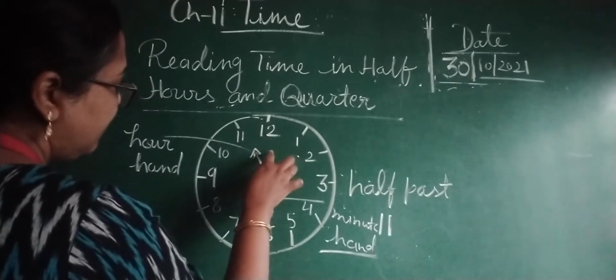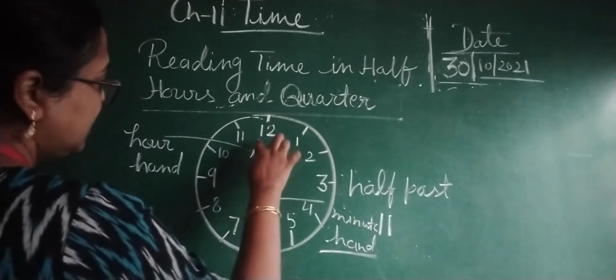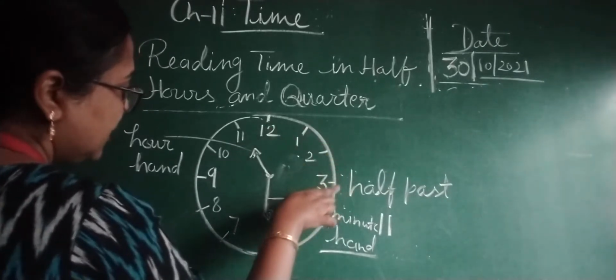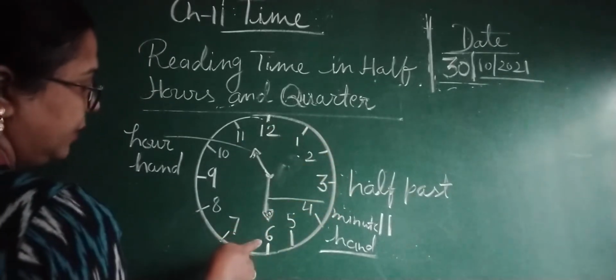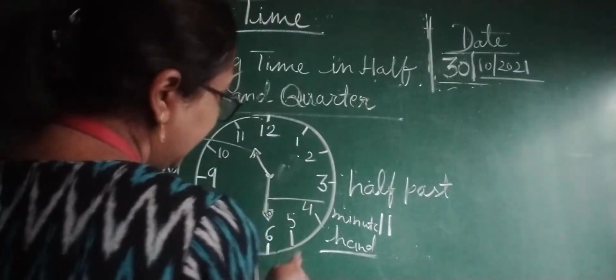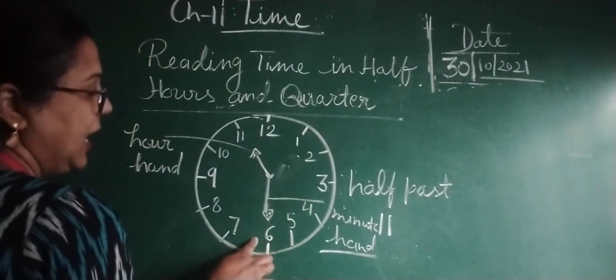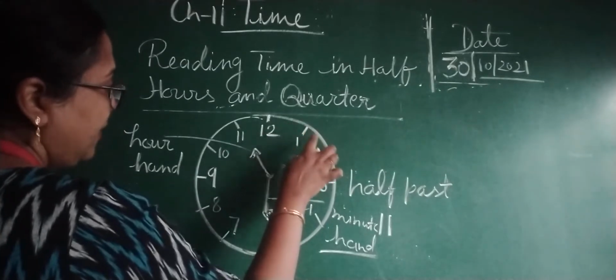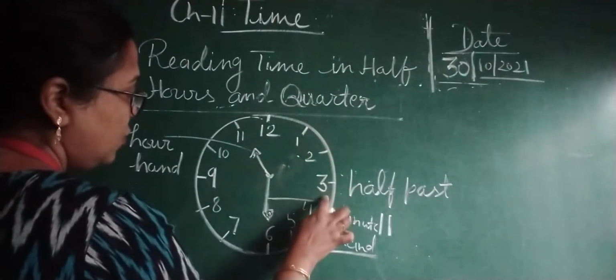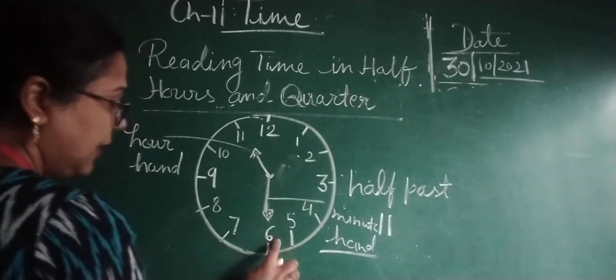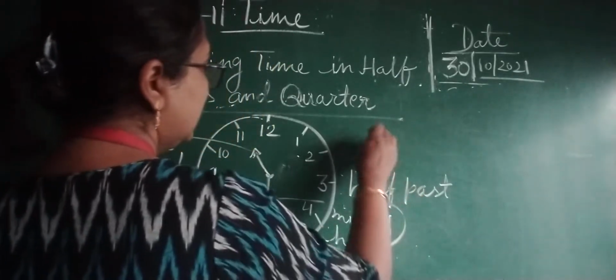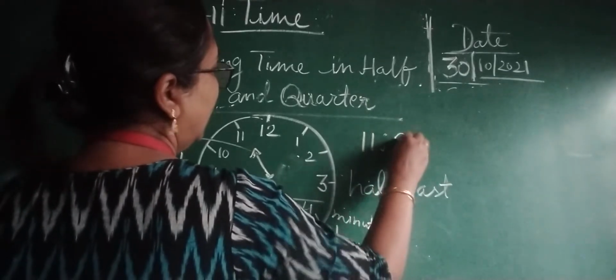That is why we will say this is 11:30, because 11 o'clock has passed, and your minute hand has moved to 6. It means if we count 5, 10, 15, 20, 25 and 30, this is 11:30, children.